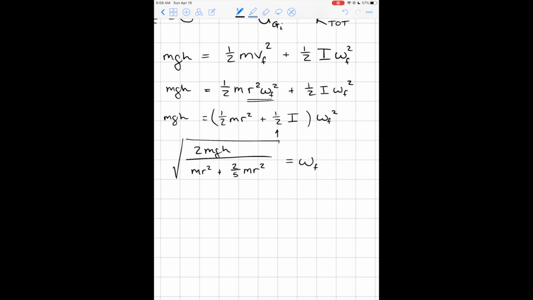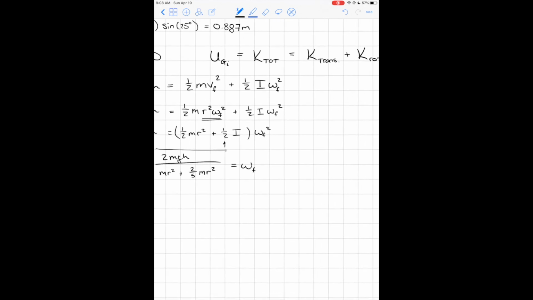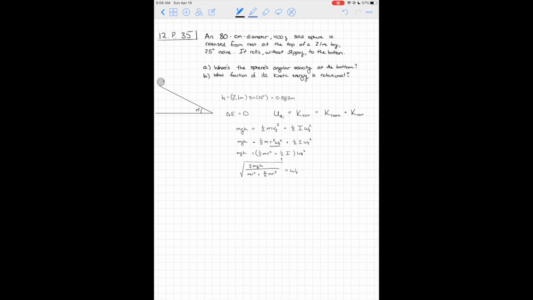Right? So let's actually plug in some numbers here. If I plug in my mass is 0.4 kilograms, my height is going to be this 0.887 meters, and the radius is going to be 0.4 meters, because we're in centimeters, and we gave you a diameter, so you got to divide that by 2.